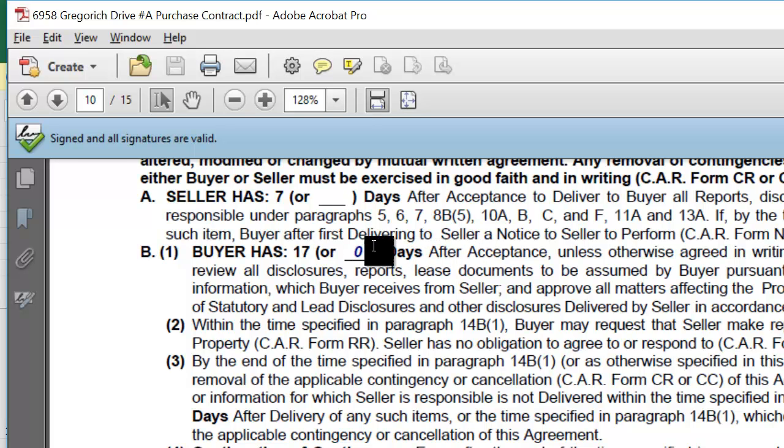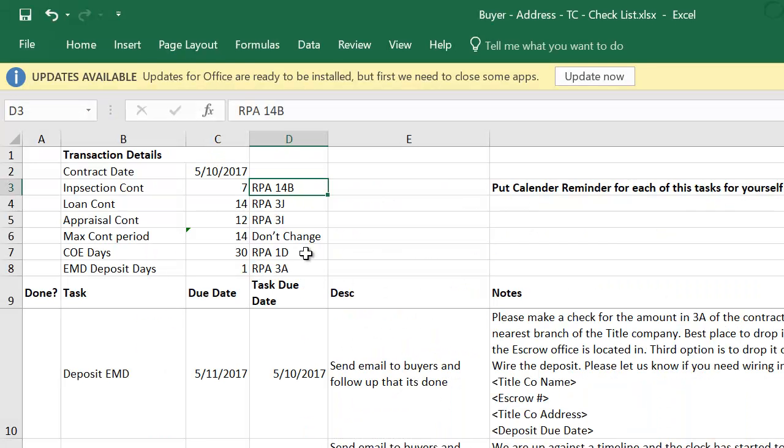This is all we need to read, how many days they have. If it is 0, we just go and put 0. If it is 7, we just put 7. If there is nothing, then that means it's automatically 17. So let's just leave it as 7 because we want to see some with contingencies.